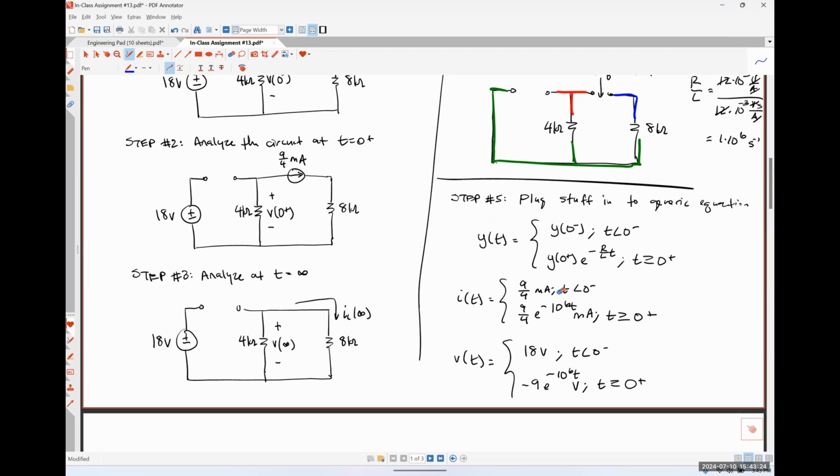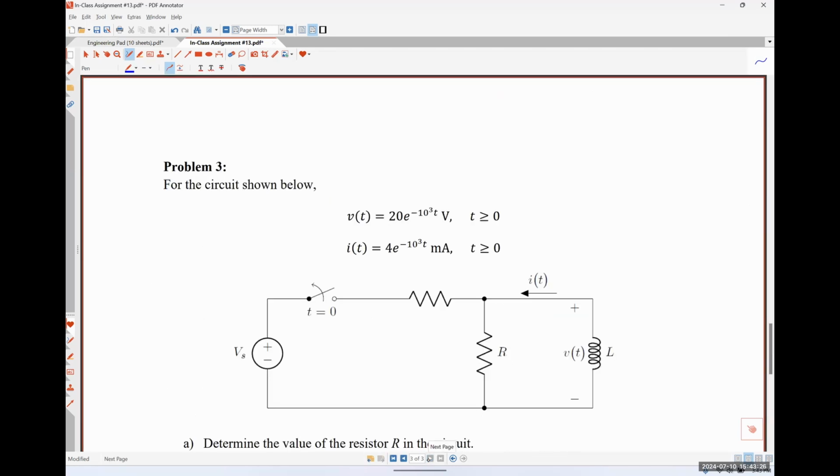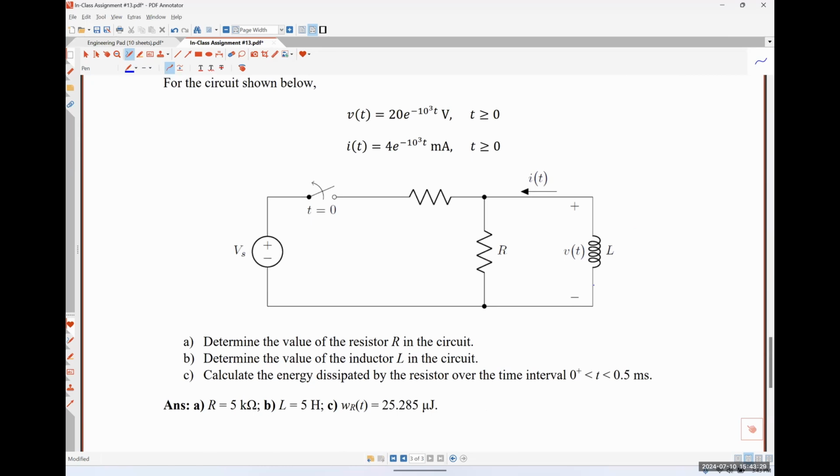All right, so let's pop back down to problem 3 really quickly. We have an RL circuit. We are given the voltage drop across the inductor, and we are also given the current that is leaving the positive polarity terminal of the inductor. That is the same current that would be flowing into the positive polarity terminal of our resistor.